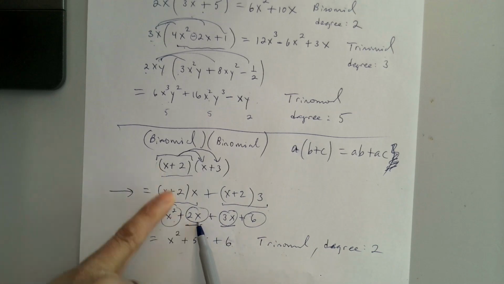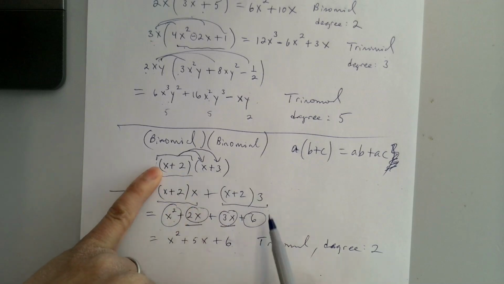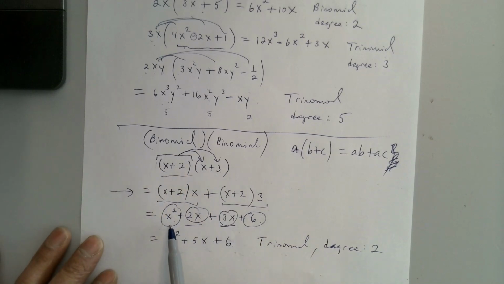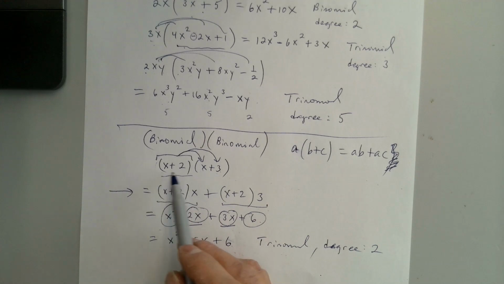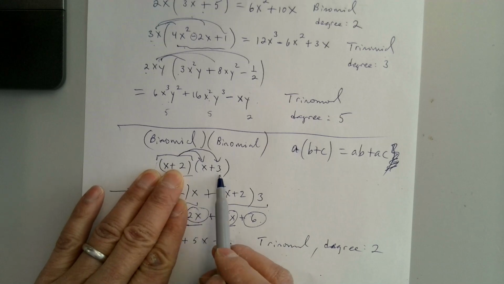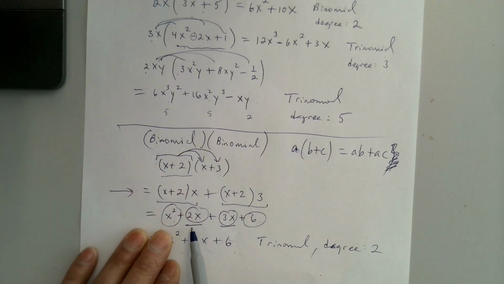This term is the product of 2 and x. This term is the product of 3 and x. And then the last term is the product of the 2 and the 3. So the 4 terms are simply the product of every possible pair of these terms, as long as you take one from the first parentheses and one from the other parentheses. Every possible pair is accounted for here.